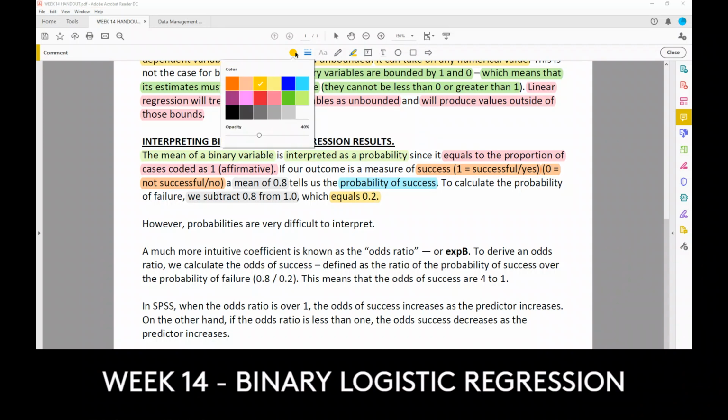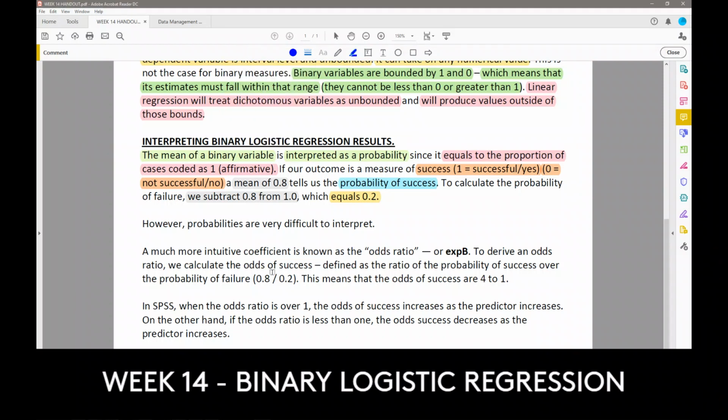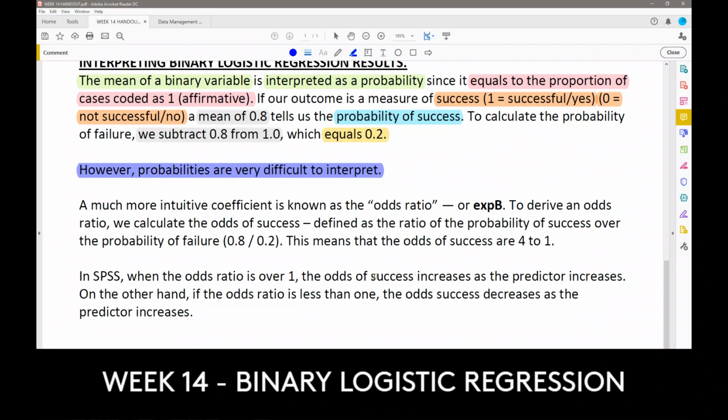Now, this is all just kind of confusing. Probabilities in and of themselves are extremely confusing. They're very difficult to interpret because they are not very intuitive. We do use a much more intuitive method to interpret logistic regression results.